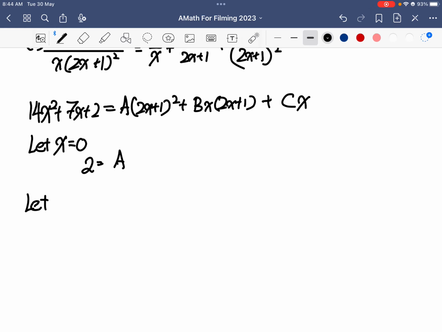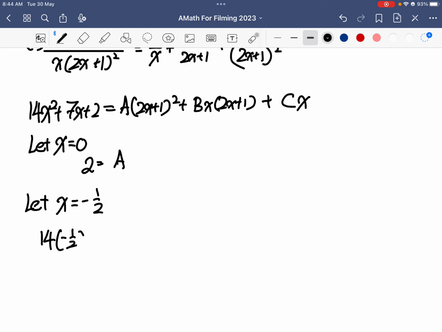Now, the rest of it, I'm not going to work out the mechanics really. Another good value to use is to let x be equal to negative half. Why negative half? Because 2 times negative half will give me negative 1, and negative 1 plus 1 will be 0. So this term will cancel out, and this term will also become 0.